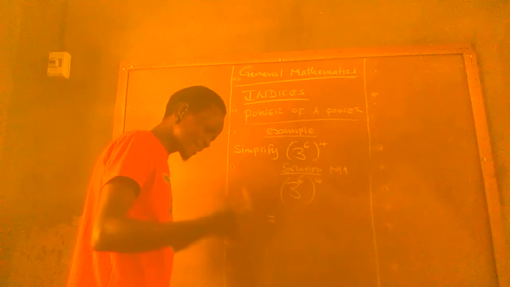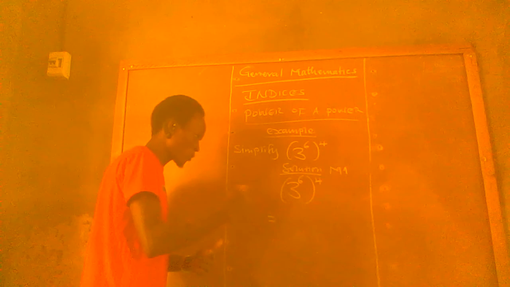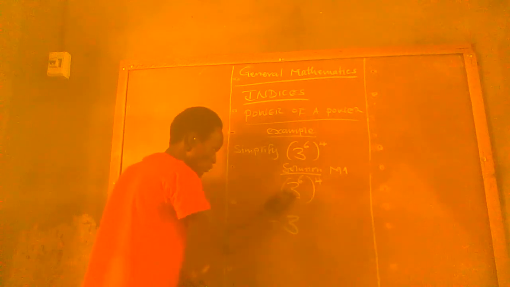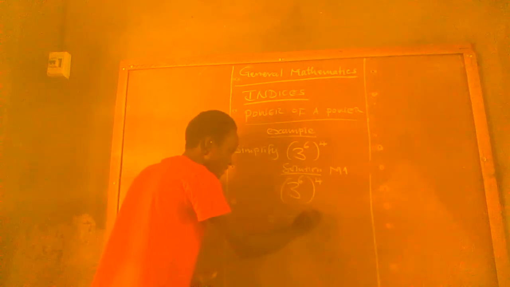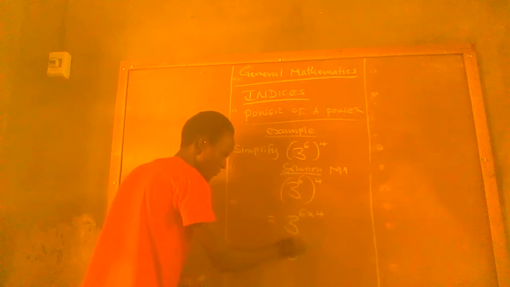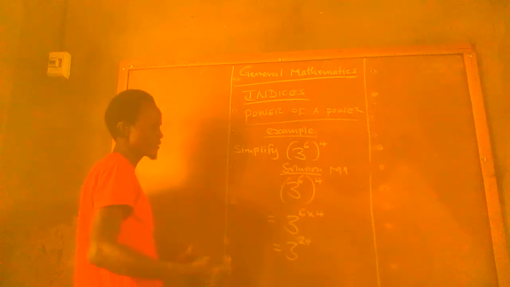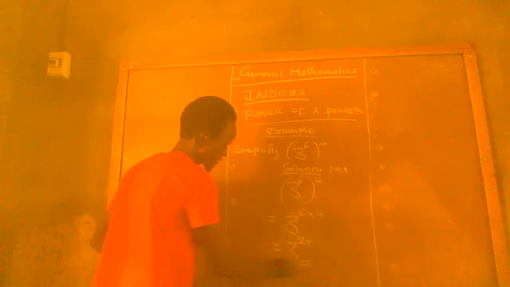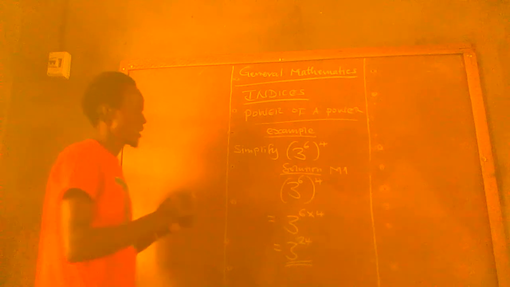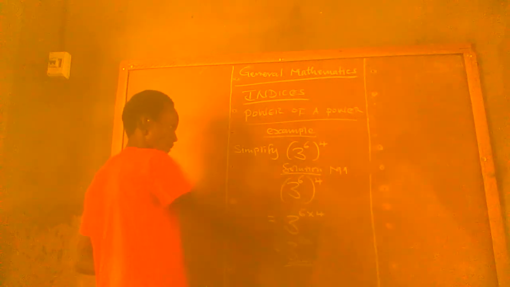So we continue to analyze this problem by saying 3 raised to the power 6 times 4. This is now equal to 3 raised to the power 6 times 4, which is 24. This is our answer for method 1.